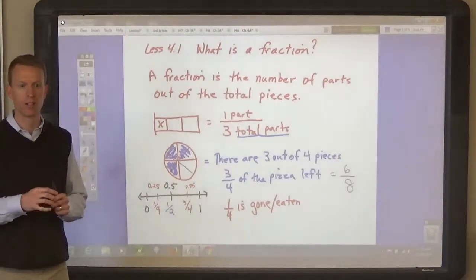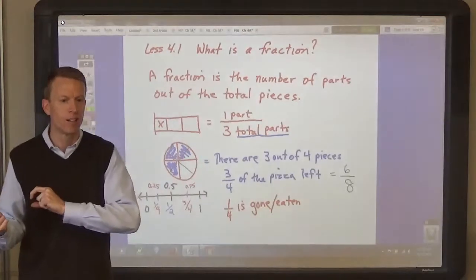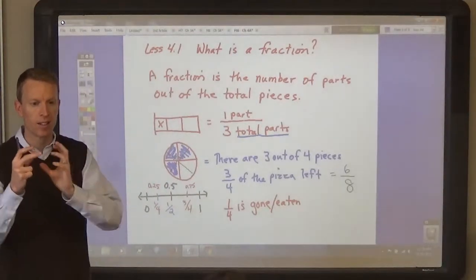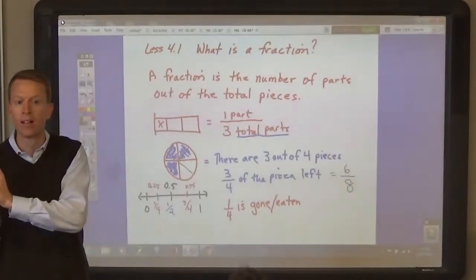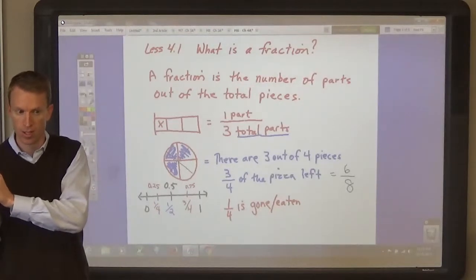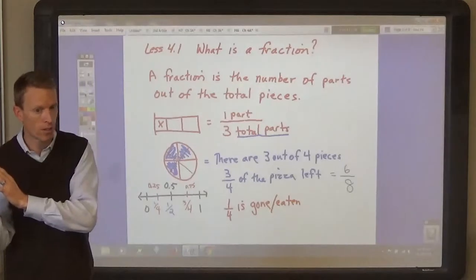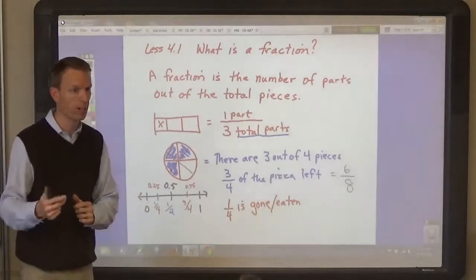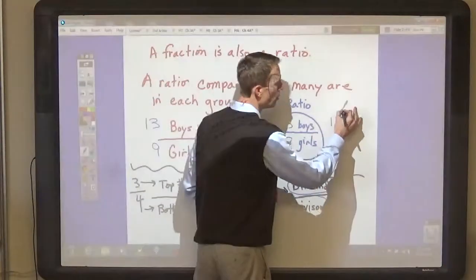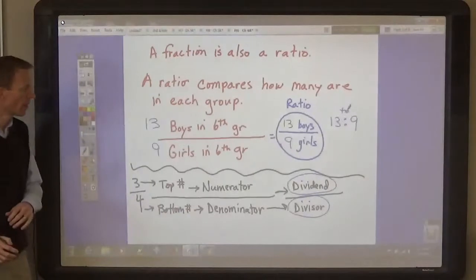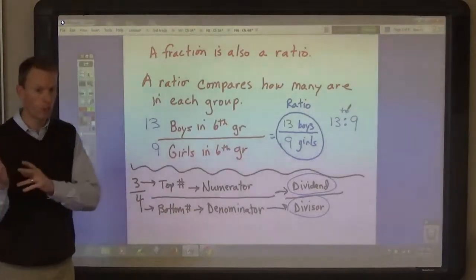You would say 2 to 3. Okay? There's 2 red, 3 yellow. So the ratio of red to yellow is 2 to 3. When you're reading it as a ratio, you say the word "to" between them.